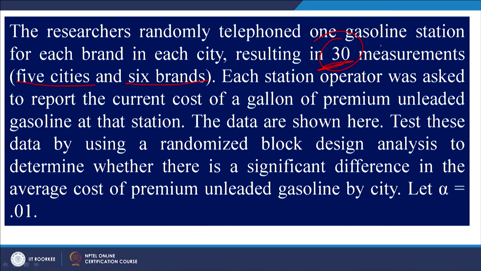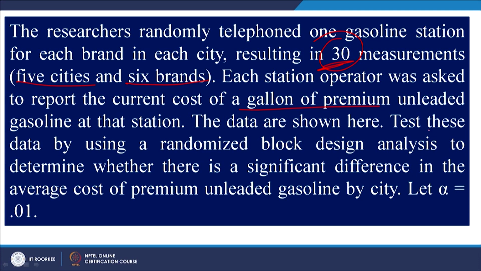So, that is how they chose the total. They collected data from 30 different gasoline stations. Each station operator was asked to report the current cost of the gasoline. The data are shown in the next slide.